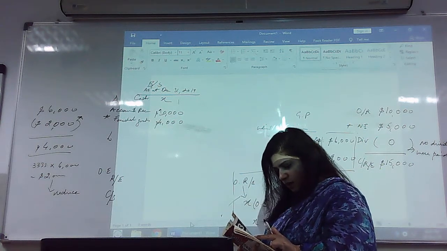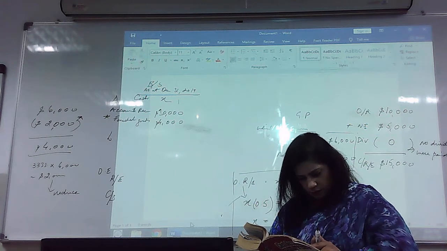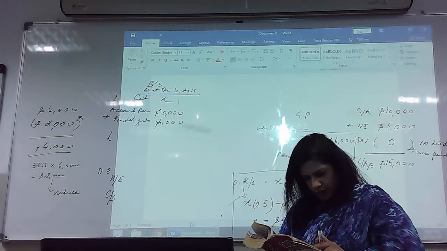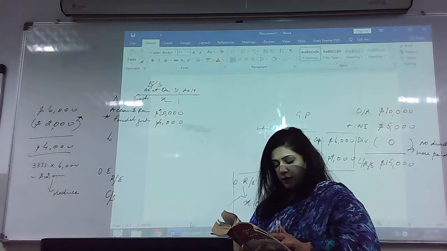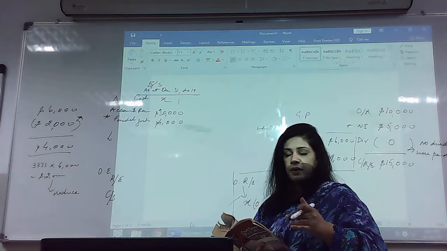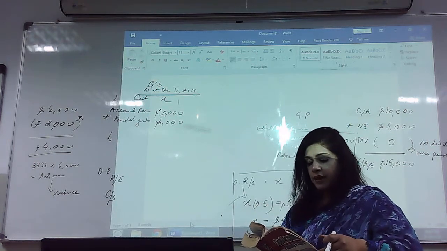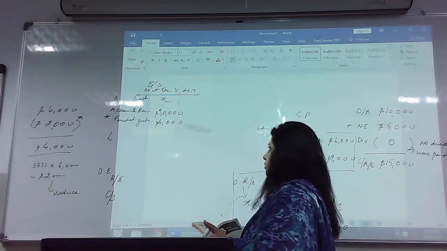This word inventory also includes work in process, because they said inventories except for finished goods. That means the opening inventory of materials as well as the work in process, because that also comprises materials.